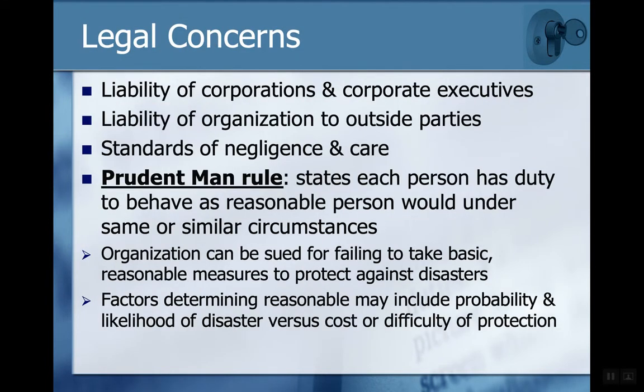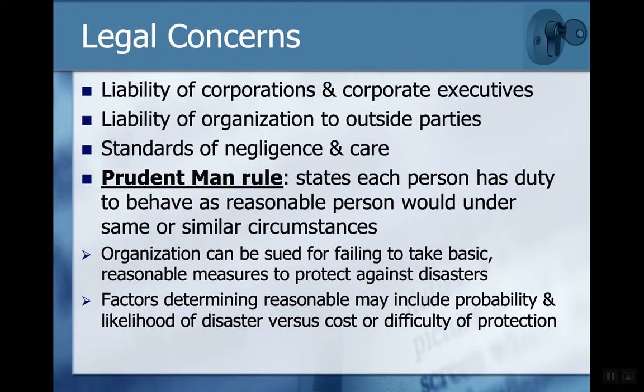Legal concerns: one of the big situations that organizations are always worried about is liability of the company, liability of the corporation and the executives, liability to outside parties. There are a lot of contractual requirements. There are also standards of what we call negligence and care, and being able to establish due diligence around this.